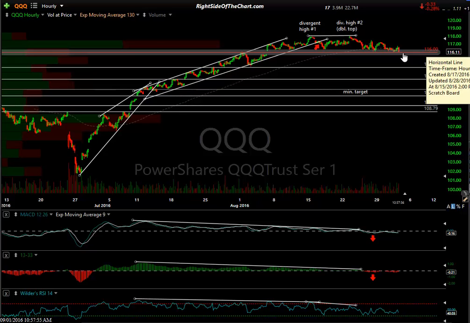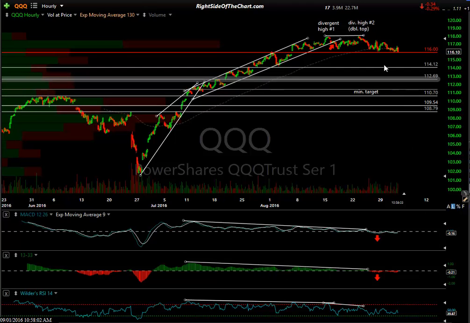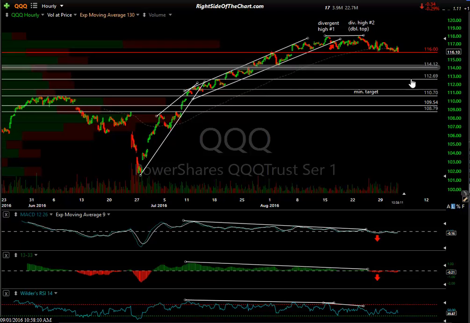And price is more important than trend indicators. They just help confirm a trend, keep you in a trend. But as I mentioned before, price is what I'm paying attention to, and those are my levels on the SPY and the Qs, especially that QQQ 116. So there it is. That's what I'm looking for, and let's see what else to cover here.